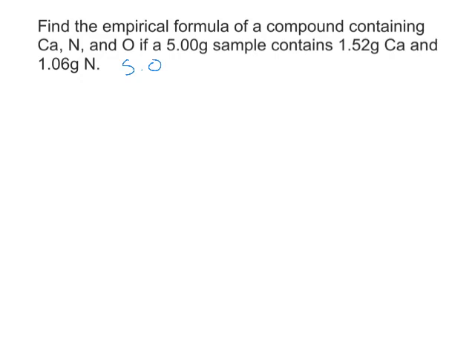So 5 grams minus 1.52 minus 1.06 gets me 2.42 grams oxygen. Okay, now we've got all of our stuff, and let's go through the normal process. I'm going to find my moles.